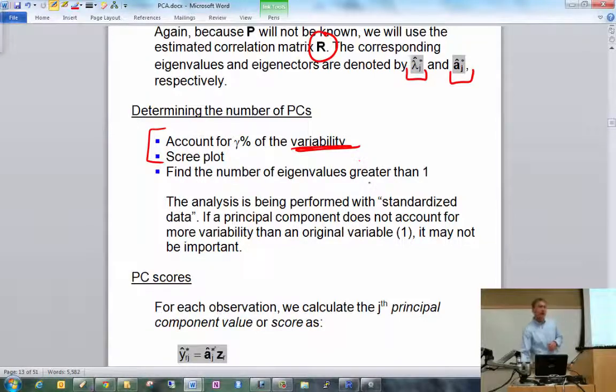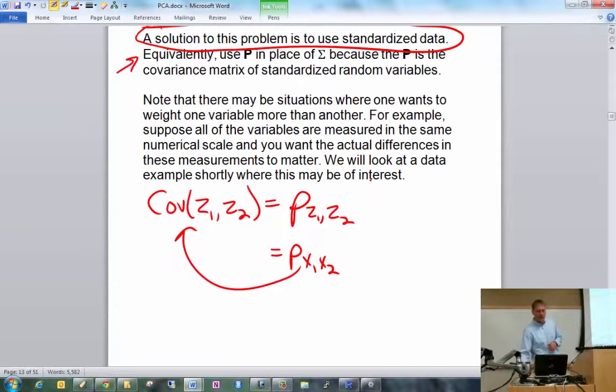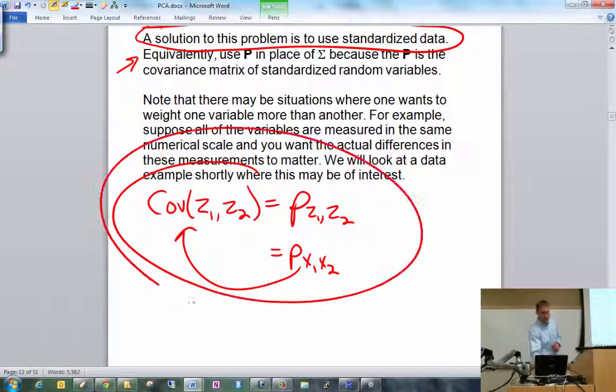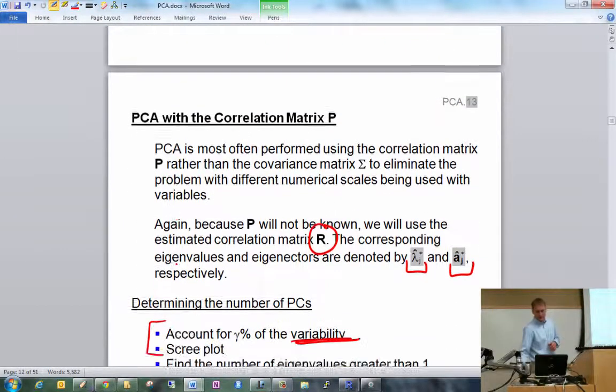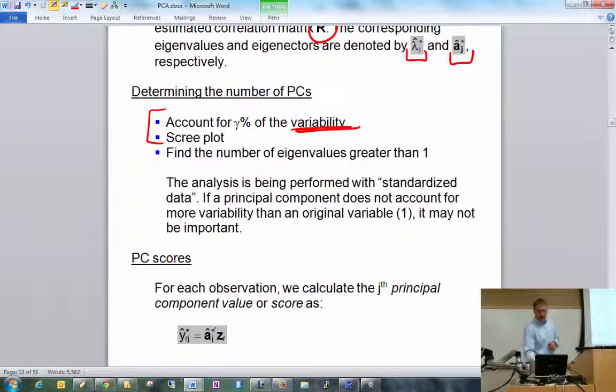Well, the reason why I can still get away with talking about variability is because of this relationship that we see there. But when you're working with the correlation matrix, then you have an additional way to determine how many principal components to use. Simply find the number of eigenvalues that are greater than 1.